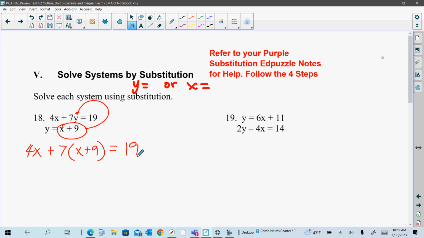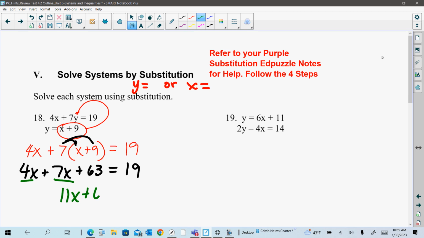All right. You need to distribute to solve for the x. Oh, I did erase it. Did y'all do that? Okay, I got some. All right, so you should have 4x plus 7x plus 63 equals 19. Now what? Anybody combine like terms? Yeah. All right, so we got 11x plus 63.